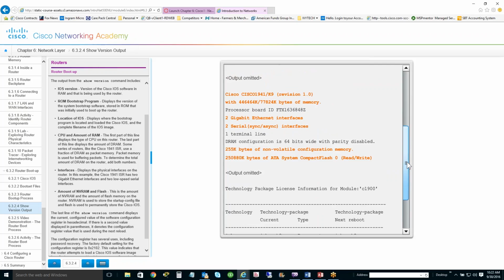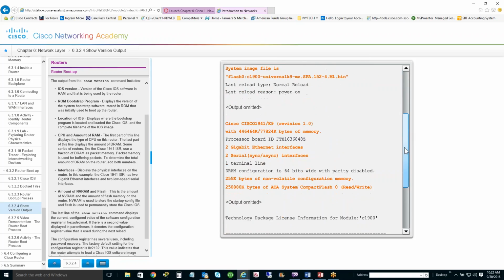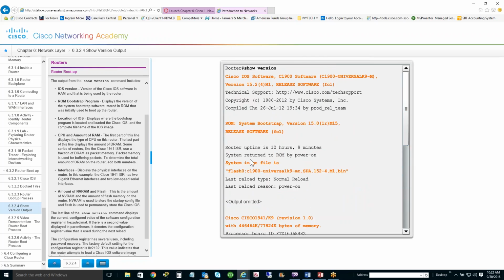and the amount of NVRAM and flash. So there it tells you the interfaces, tells you your non-volatile configuration memory, and what your compact flash memory is as well, which is your flash, and this is your NVRAM, your interfaces, and how much memory you've got and how much is available as far as RAM on the device, where it got its IOS and what the file is, and then what version you're running.